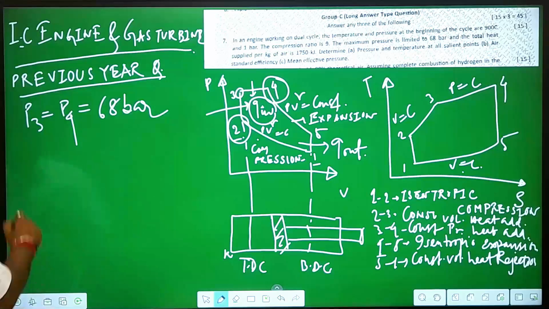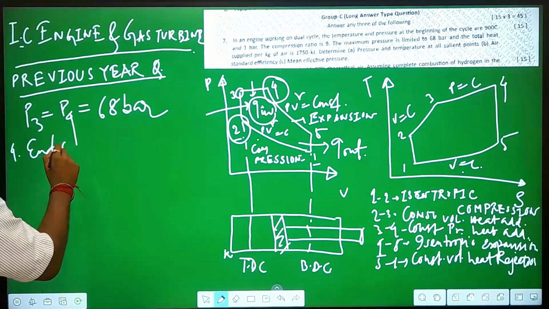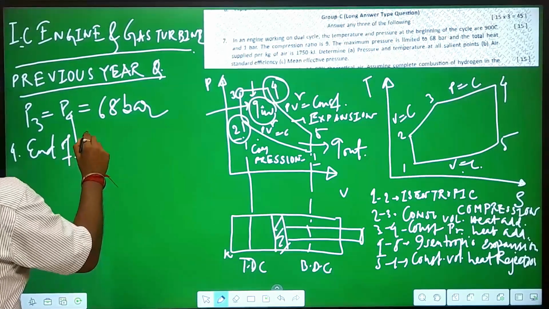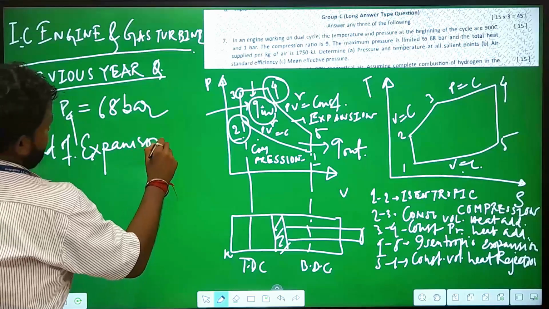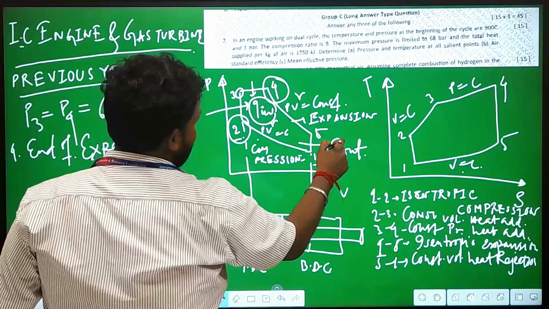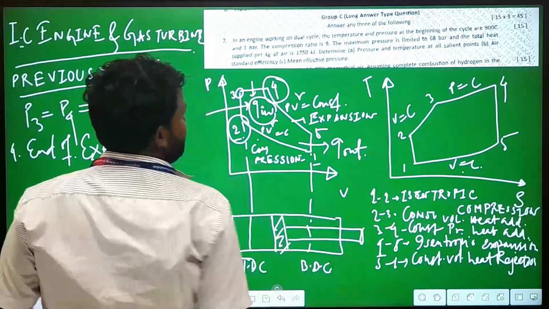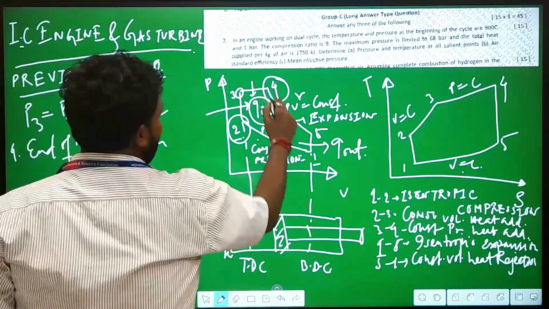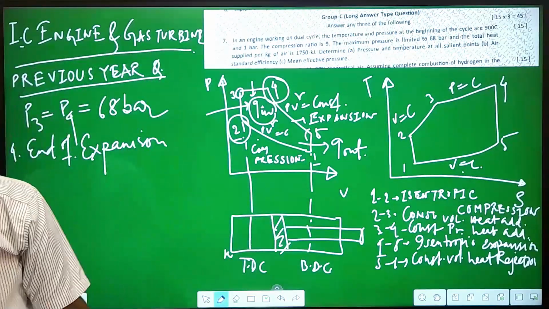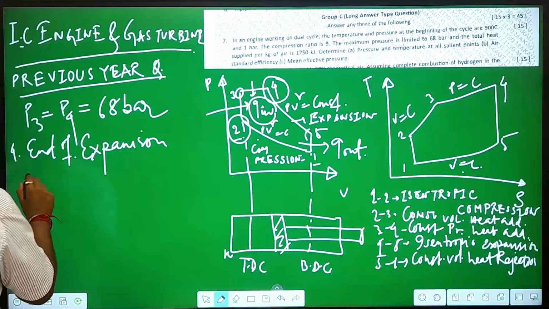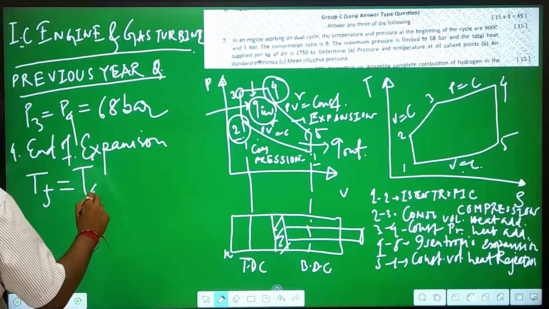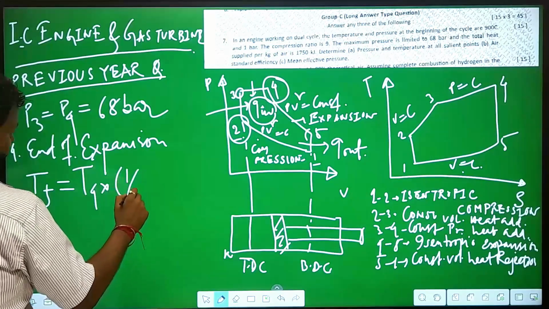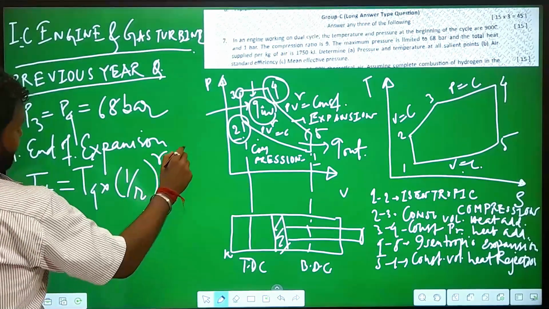Okay. So, next, at the end of the expansion process, because 4 to 5 is an isentropic expansion process, at that point T5 is equal to T4 into 1 by r to the power gamma minus 1.